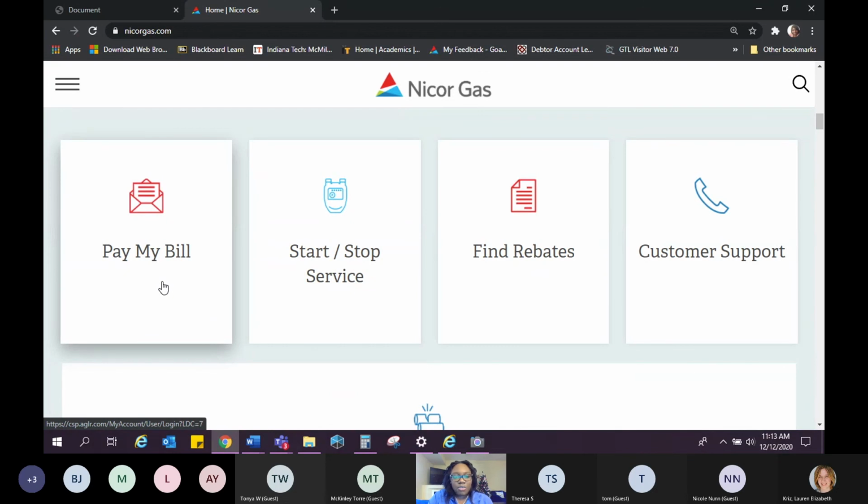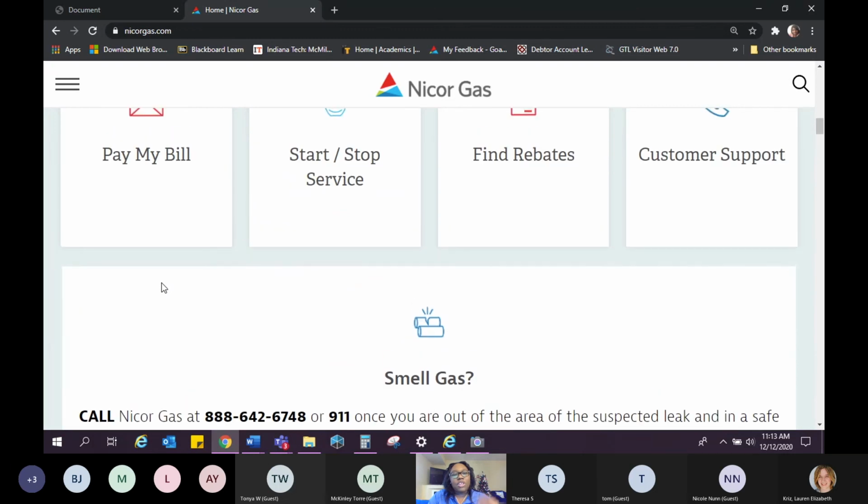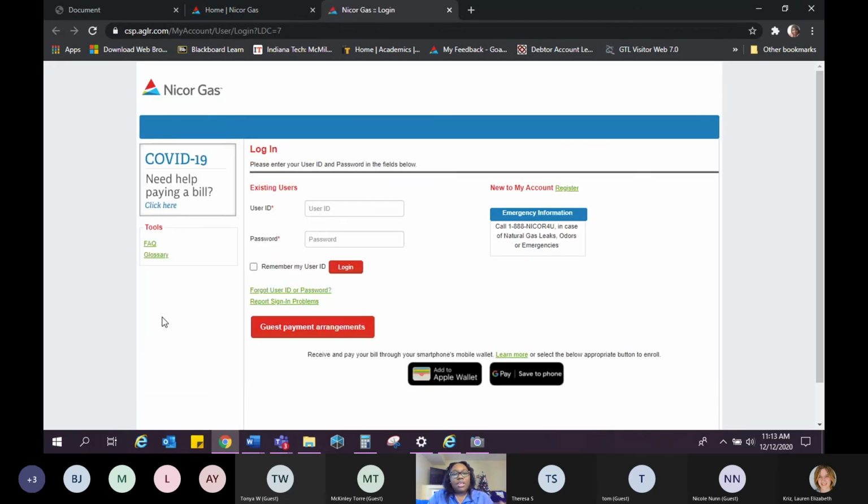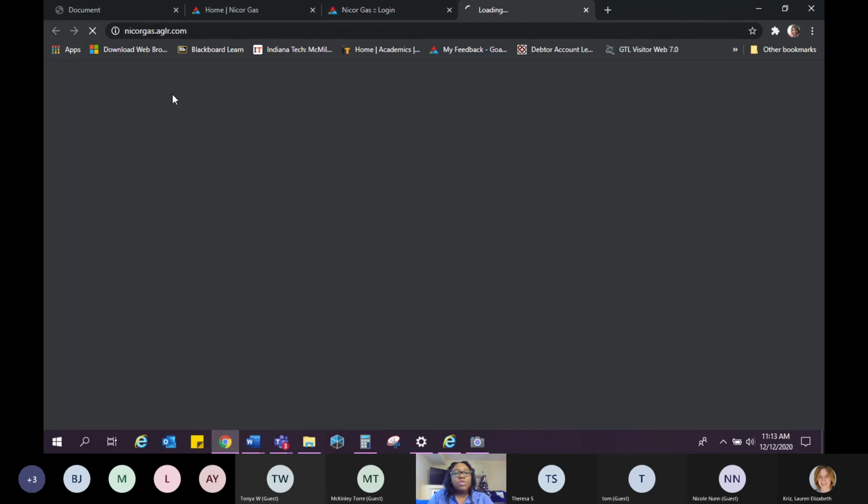Say you do want to pay your bill. It redirects you and gives you options on how you can. I don't know why it's not going there. There we go. If you have an online account, that's great. If you're new to it, you can register here. But if you just wanted to know more about it, of course, you can give us a call, but you can also view it on our website.